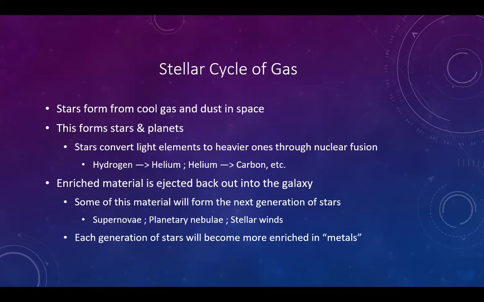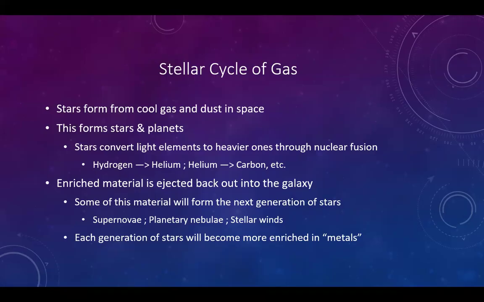And then this enriched material gets ejected back out into the galaxy. Some of the material will form the next generation of stars. This gets ejected outward by the death of stars, or just by the fact that stars spew out solar wind. This comes from supernovas, from really big stars, planetary nebulae, from more medium-sized stars, and just the stellar winds that all stars generate.